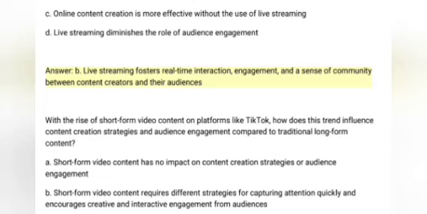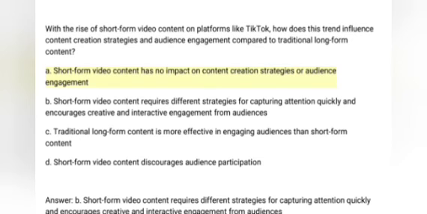With the rise of short-form video content on platforms like TikTok, how does this trend influence content creation strategies and audience engagement compared to traditional long-form content? A. Short-form video content has no impact on content creation strategies or audience engagement. B. Short-form video content requires different strategies for capturing attention quickly and encourages creative and interactive engagement from audiences.